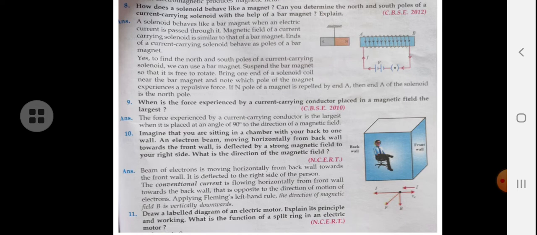Now, as it is given that electrons are moving from back to front wall, the direction of current will be opposite to the direction of electrons. So we can draw this arrow: the direction of current will be from front wall to back wall. And it is deflected to your right side, so we can draw the force in this direction.